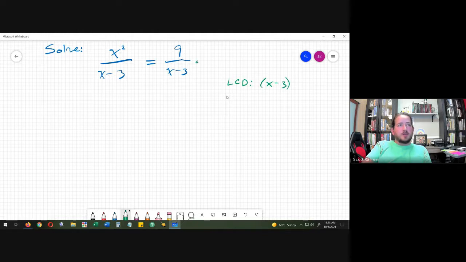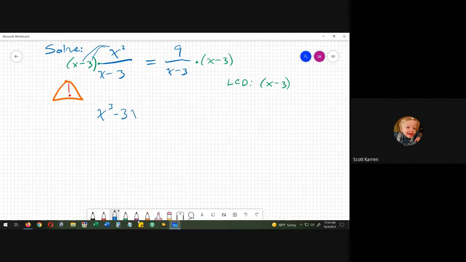That means I can multiply both sides of the equation by x minus 3 to clear the denominator. Now, there's something we have to be careful with, and we'll come back to it. We're getting rid of that x minus 3 in the denominator.